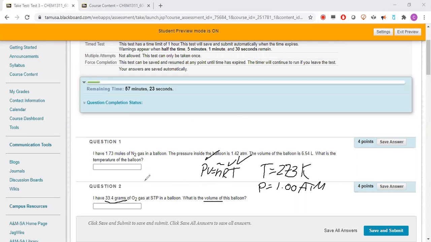So first we have to convert from grams to moles. So 33.4 grams of O2. We look on the periodic table and the molecular weight of O2 is 32. Remember, it's oxygen, 2 oxygens. Each oxygen is 16, so 16 times 2 is 32. And we solve for moles there. Let me do that calculation really quick.